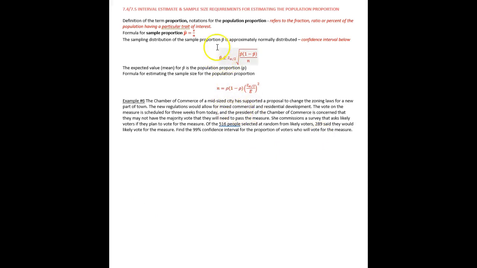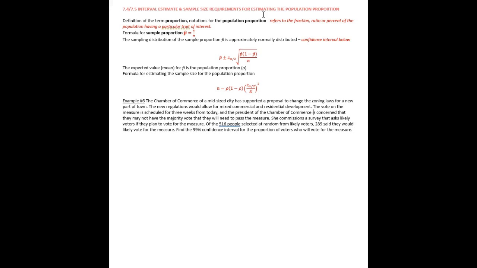Let's get into the definition. Definition of the term proportion, notations for population proportion: it refers to the fraction, ratio, or percent of the population having a particular trait of interest. Okay, so what would be a trait of interest? A proportion of people voting for somebody, right? That's the most obvious and topical example. In fact, as I'm recording this video, tomorrow is election day, and we just had a huge election last year in 2016.